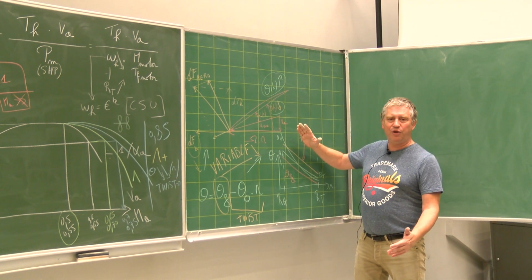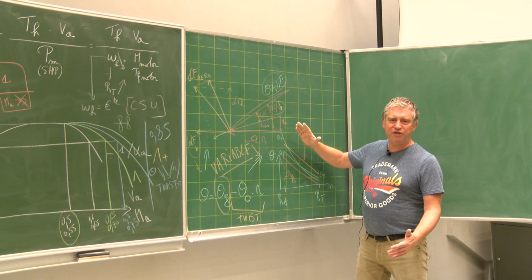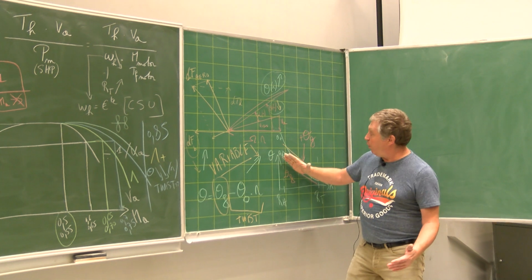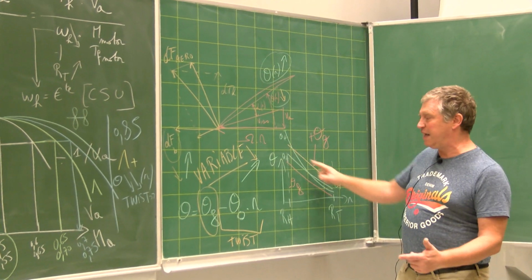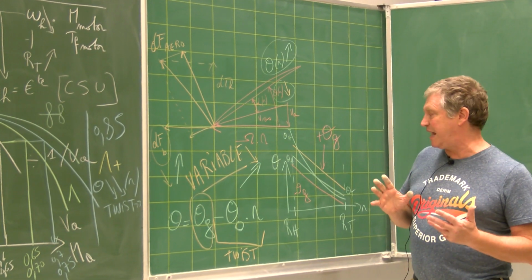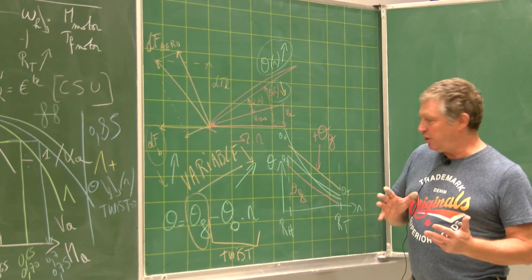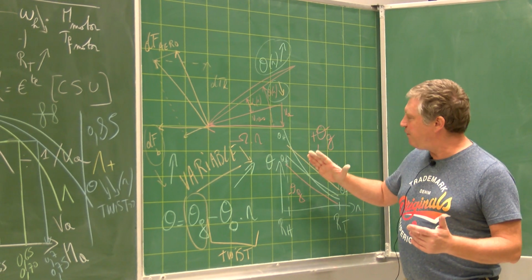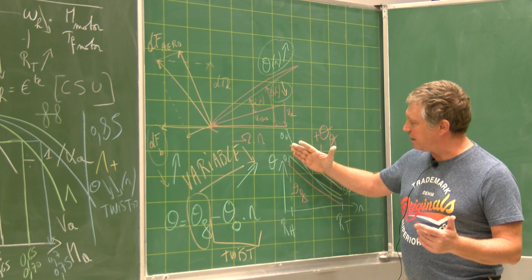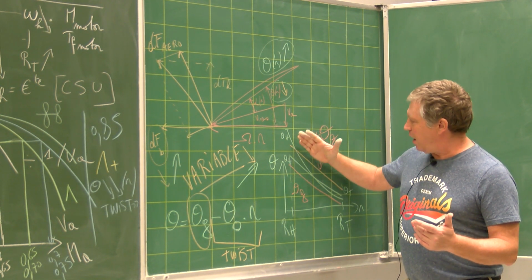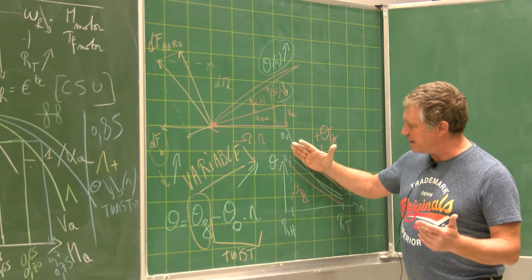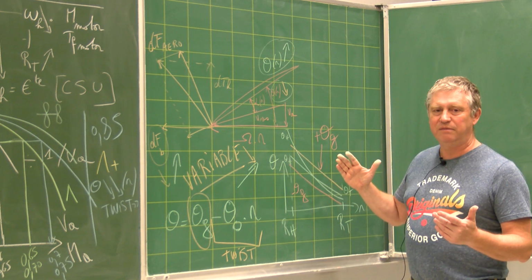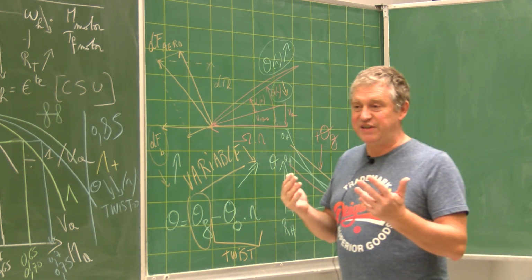It will increase theta by a certain angle everywhere along the full radius. And if it feels that the rotational speed is increasing, it will go up, and if it feels that it is decreasing, it will go down. So this is the CSU.